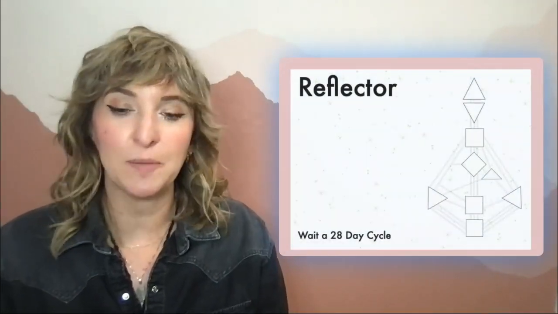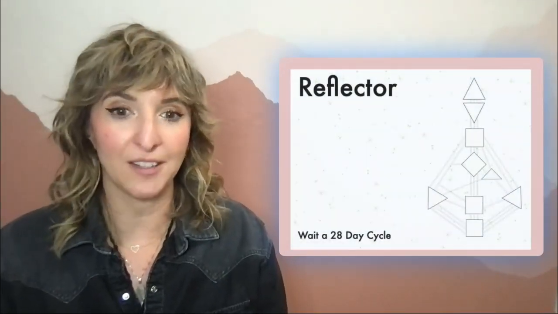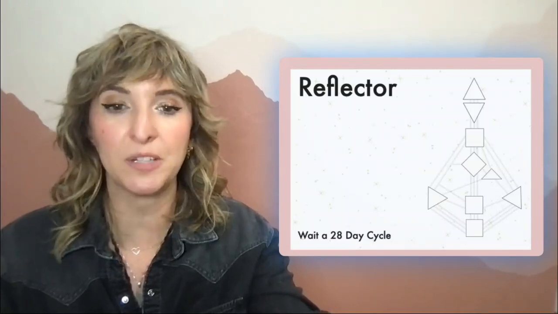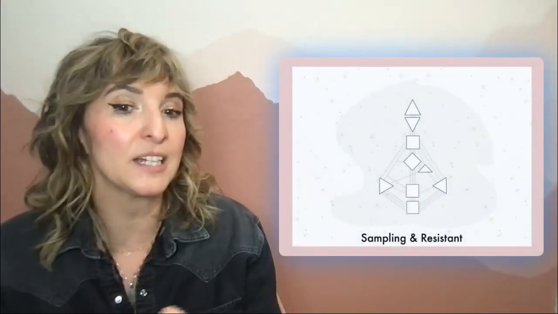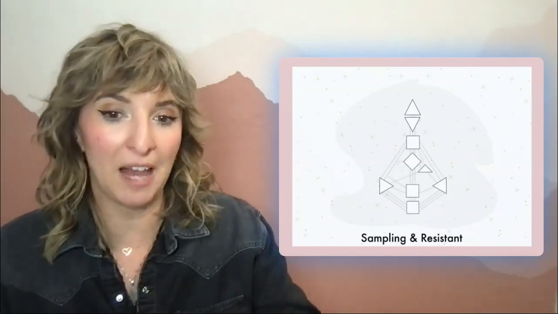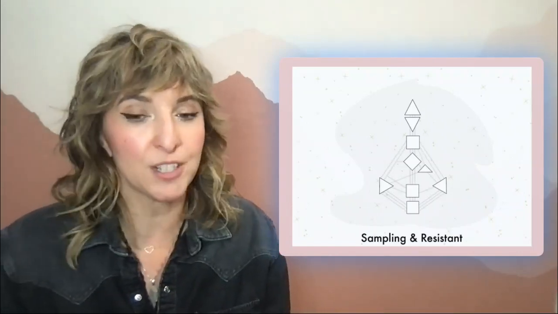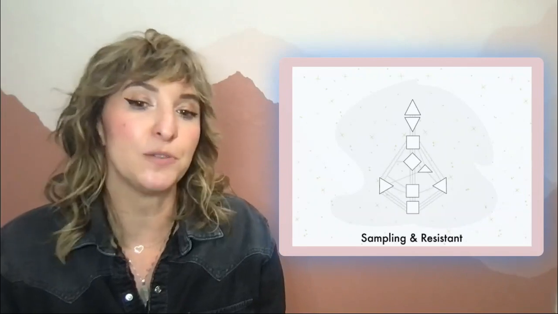And the final aura type, the reflector, also has a closed aura, except the closed aura of a reflector is more sampling and resistant than repelling. So reflectors, as you can see, are very unique.